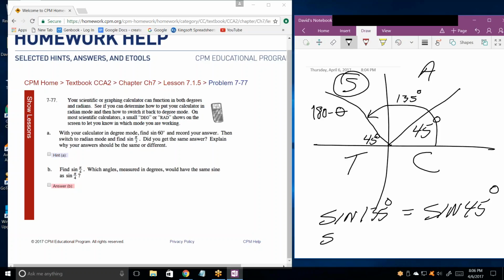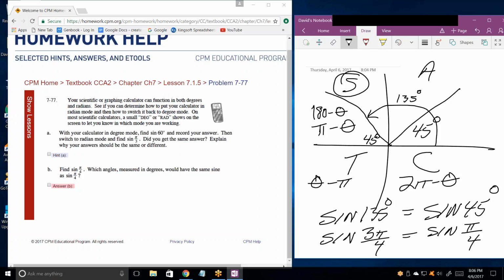To put it into radians, the sine of 3 pi over 4 is the same as the sine of pi over 4. Now, when you get into radians, I can convert that. That's pi minus theta, this is theta minus pi, and this one is 2 pi minus theta.